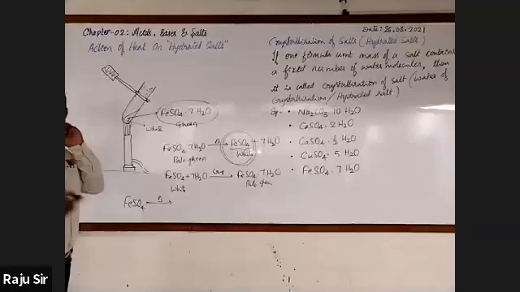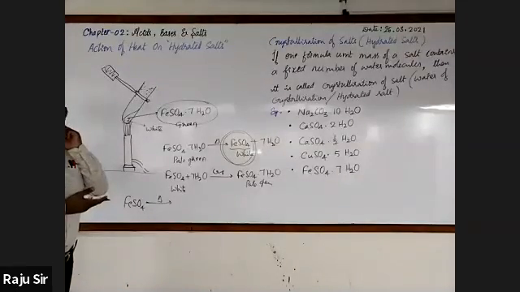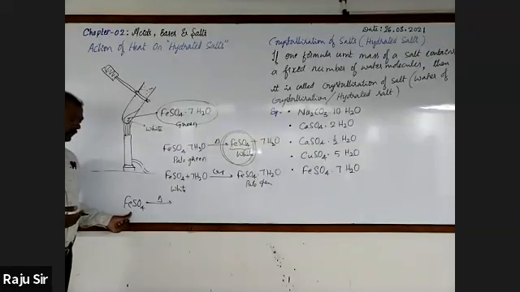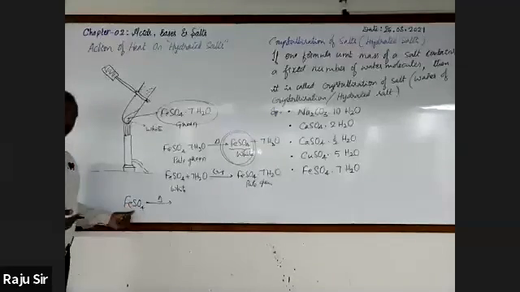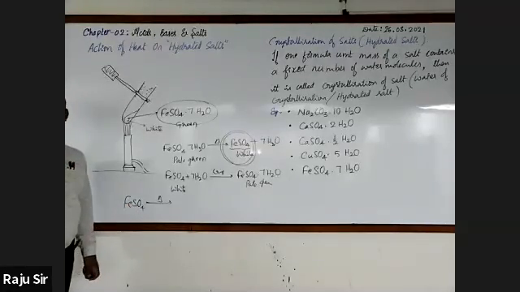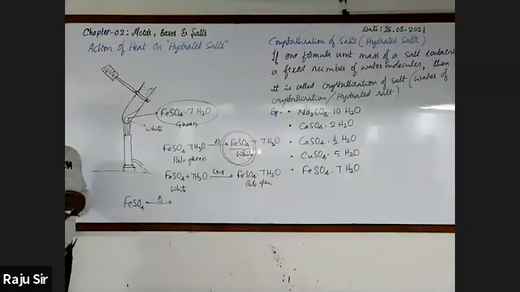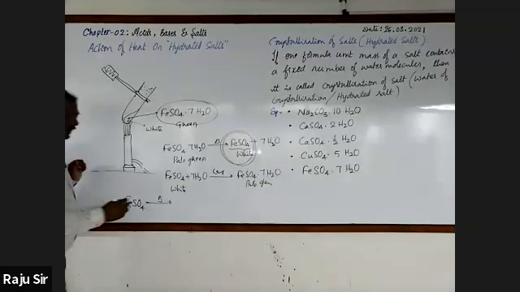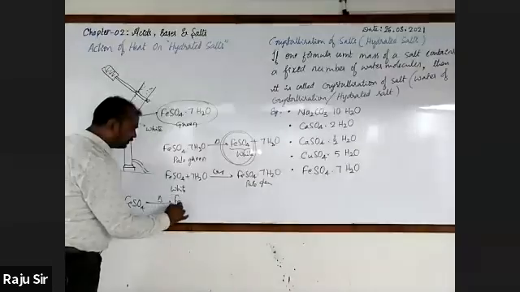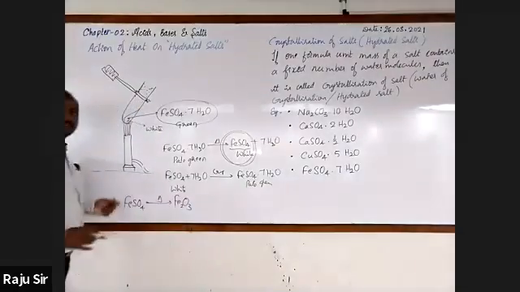Very good. We have already come across this in the first chapter, Chemical Reactions and Equations. When heat is given continuously to iron sulfate, it undergoes a decomposition reaction to produce the compounds called Fe2O3. That is iron oxide.